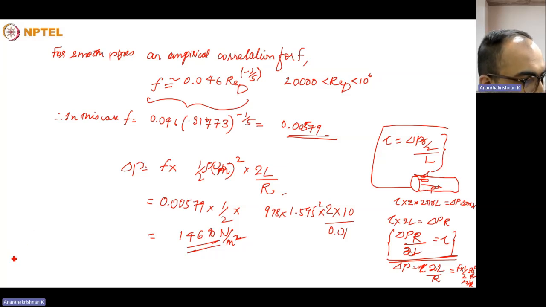So using the Colburn analogy, we have to determine the heat transfer coefficient.